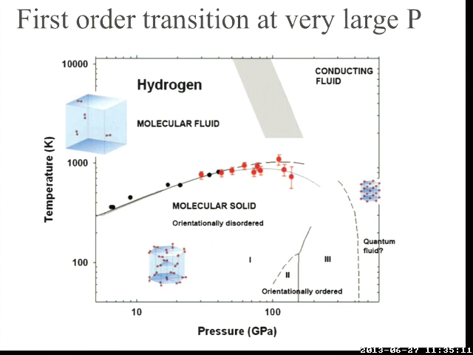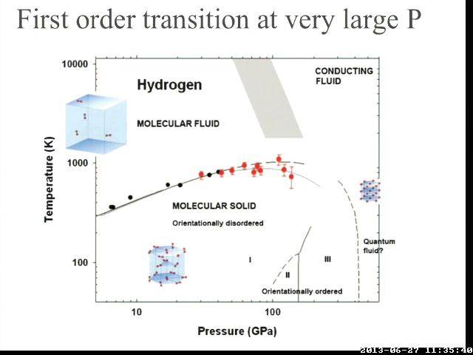What we discovered very recently is that the phase diagram of hydrogen is like this, and we are discussing the transition between a molecular fluid and a metallic fluid. An experiment claimed that there was metallic hydrogen in this region, but they still see some molecular.